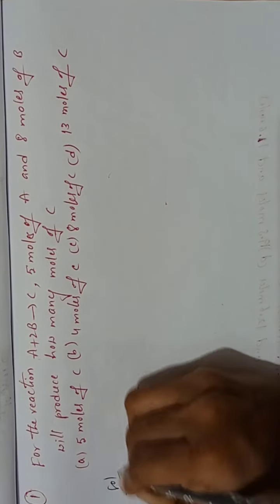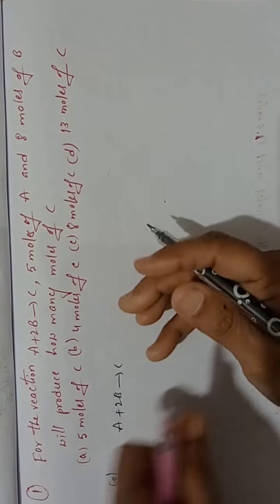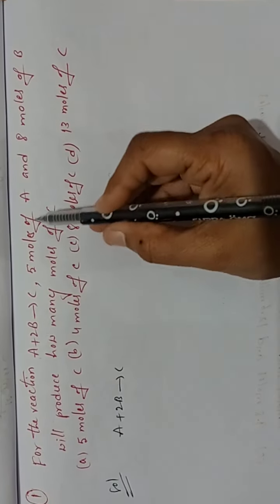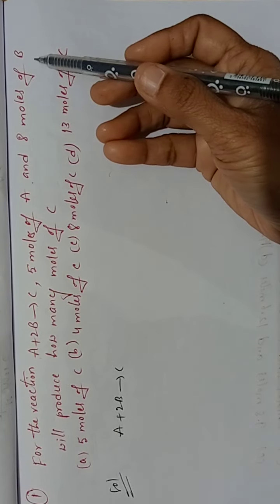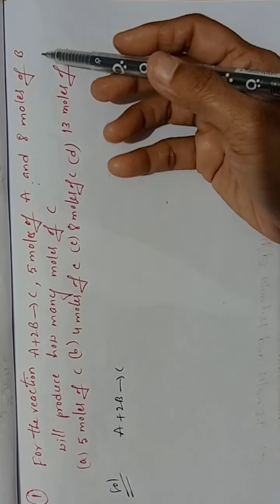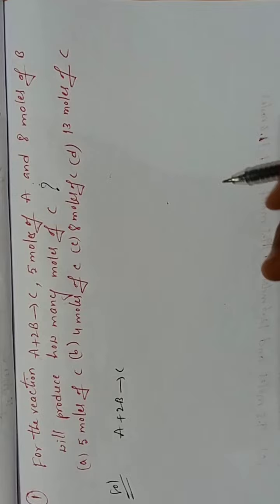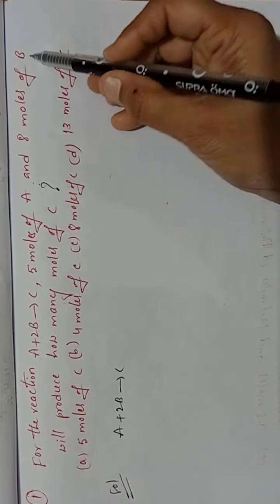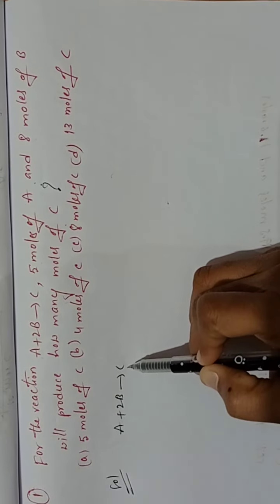Now see students, the solution. A plus 2B gives C. Here 5 moles of A and 8 moles of B are given, and the question asks how many moles of C will be produced.